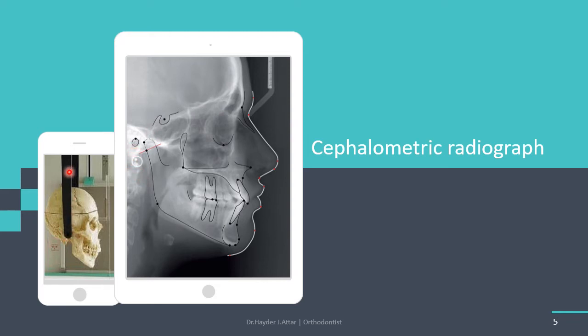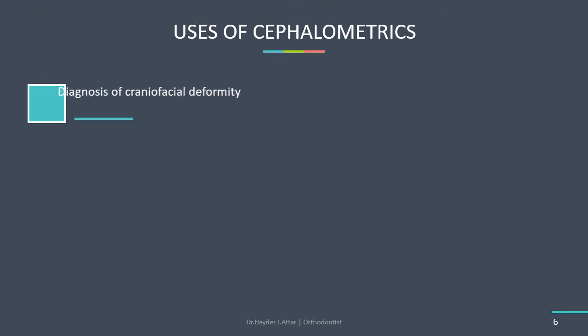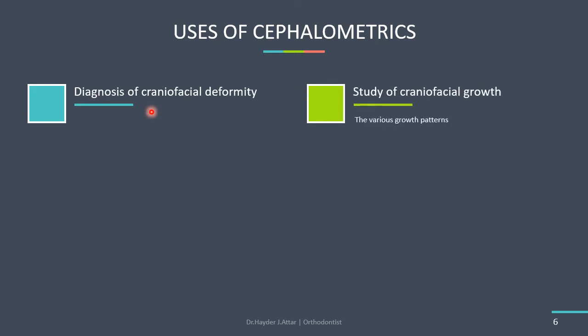It is the same on the dry skull: the position of the cephalostat and the position of the anterior rod corresponding to the nasal position. Here is the standardized lateral cephalograph.